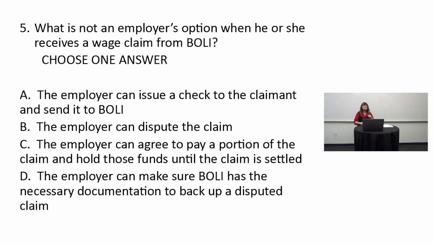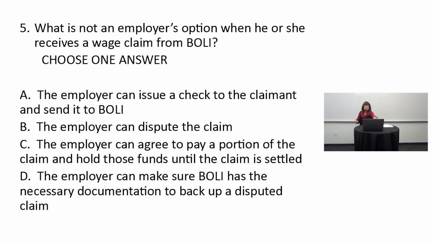Number 5. What is not an employer's option when he or she receives a wage claim from BOLI? Okay, you had trouble with an employee, they filed at BOLI, you get the information in the mail. What is not your option? A, the employer can issue a check to the claimant and send it to BOLI. B, the employer can dispute the claim. C, the employer can agree to pay a portion of the claim and hold those funds until the claim is settled.